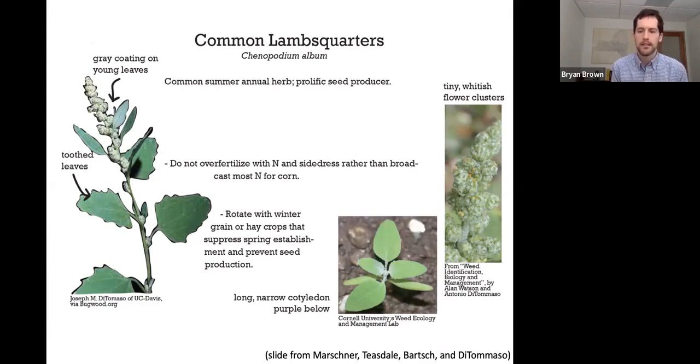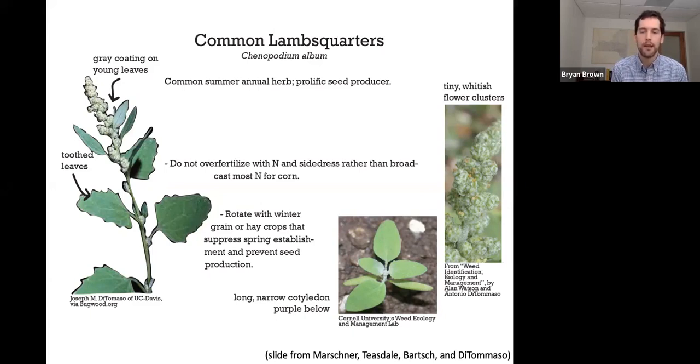It does a number of things, but the main thing is that it acts as a sunscreen for the plant. So it keeps it from burning or drying out in hot sun conditions. But common lambsquarters is a big time seed producer, as you probably know. Hundreds of thousands of seeds can come off of a thriving mature plant.